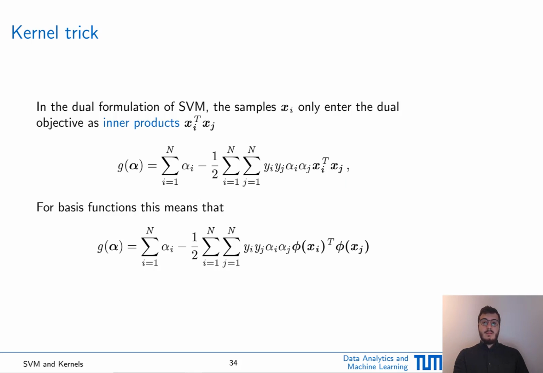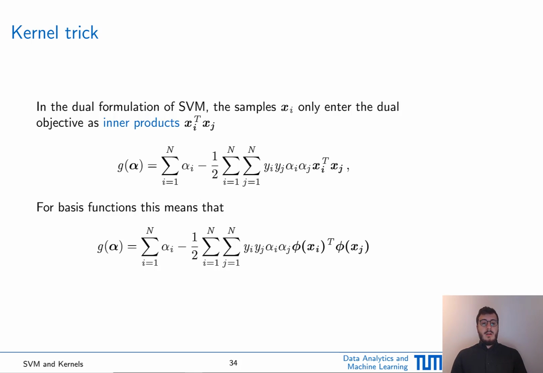So the simple way to include the basis functions is, instead of using xi, xj, we simply use phi of xi transposed phi of xj. Doing this with kernelized support vector machines supports the option of having a nonlinear decision boundary in the original input space.